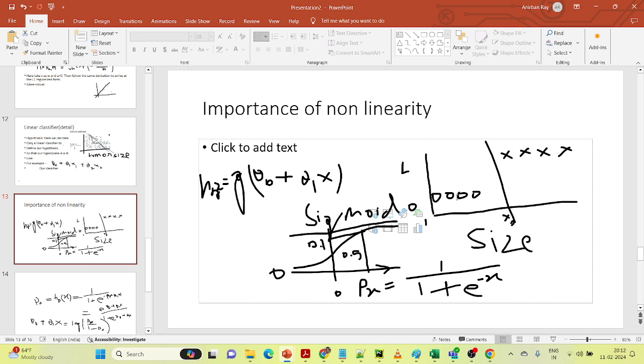Sigmoid is differentiable and nice. But when the value of this combination becomes large, the value of the function does not change. That is one problem of sigmoid.